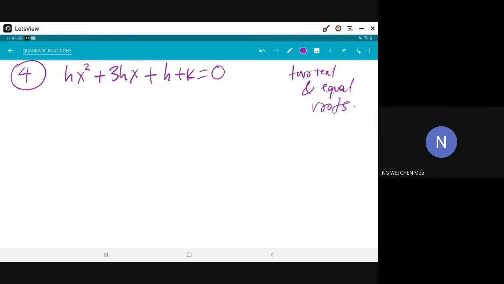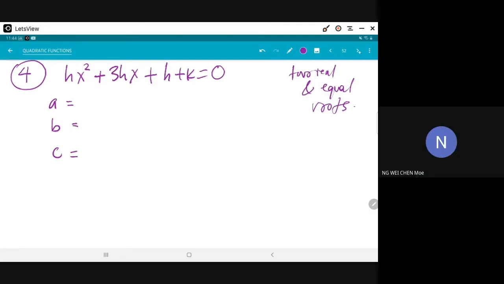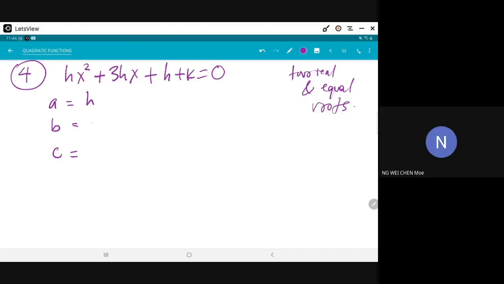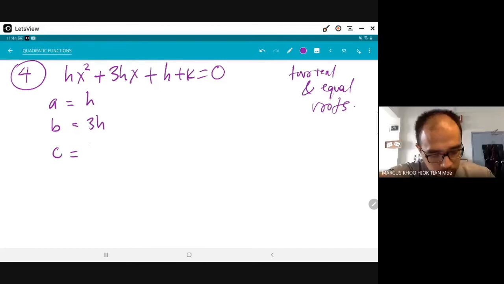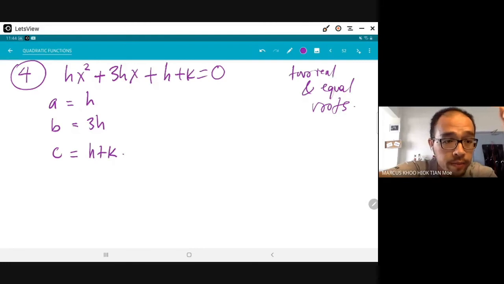Yes. Okay, Wei Chen, tell me what is A, what is B, what is C? A is h. Okay, B is 3h. Very good. C is h plus k. Okay, next, Stephanie. 2 equal and real roots means what?